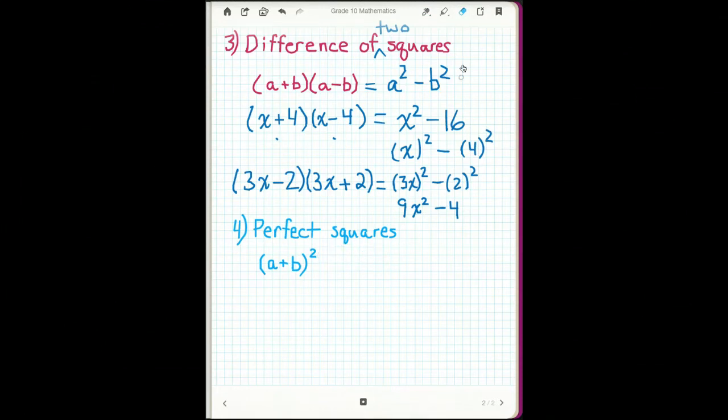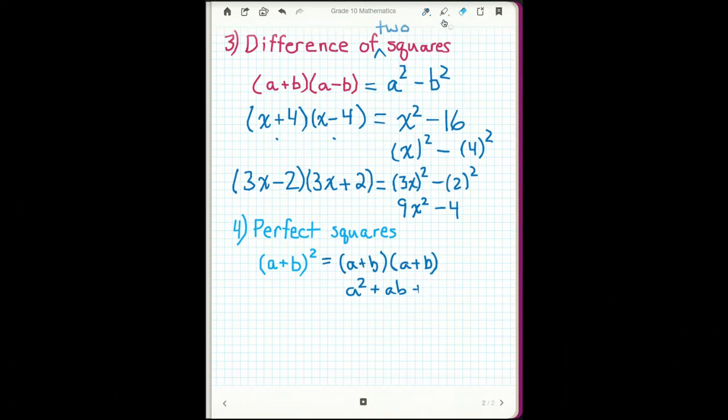Well, if we write out what this squared part means, it means take A plus B and multiply it by itself. So that looks like FOIL again, just like we did the rainbow method the page before. So A squared plus AB plus BA. Let's write that as AB so it's easier to add together.